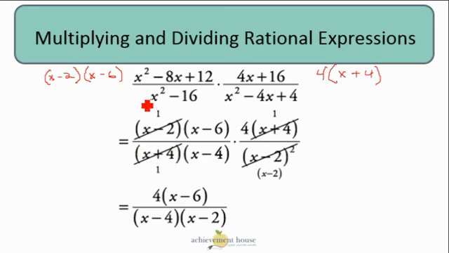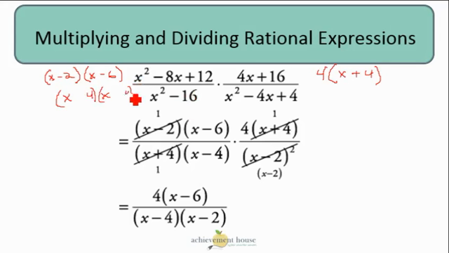Now, let's do the denominator, x squared minus 16. That's a difference of squares. The perfect squares: the square root of x squared is x, and the square root of 16 is 4.